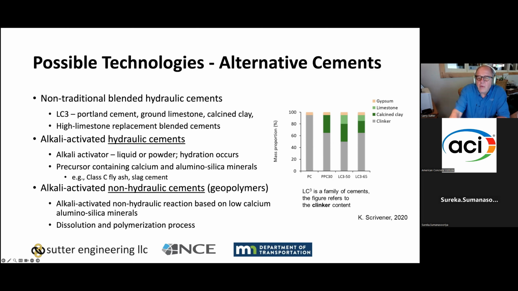So that was something we were going to try to get into the study. It turns out we weren't able to get the LC3, but we were able to get a calcined clay into the study.